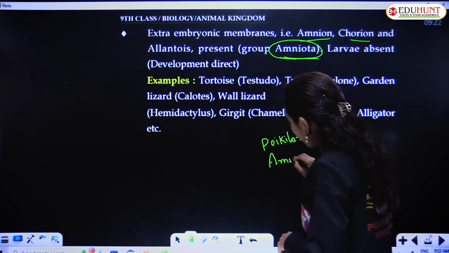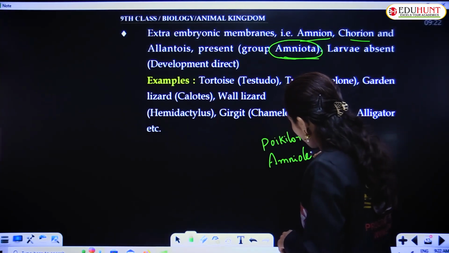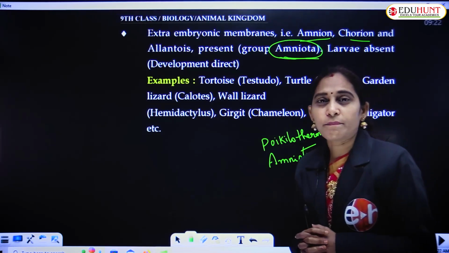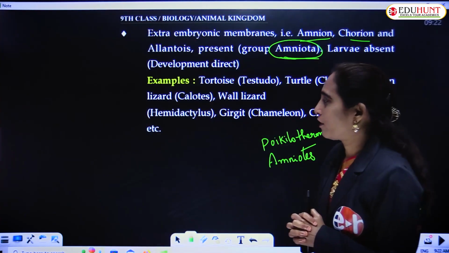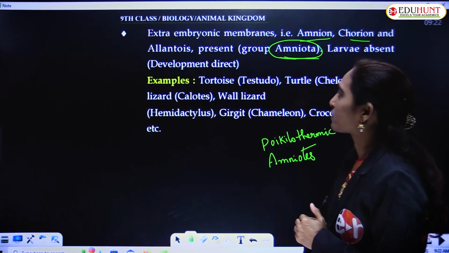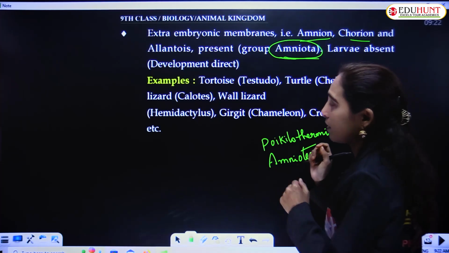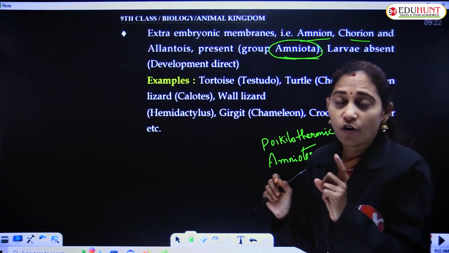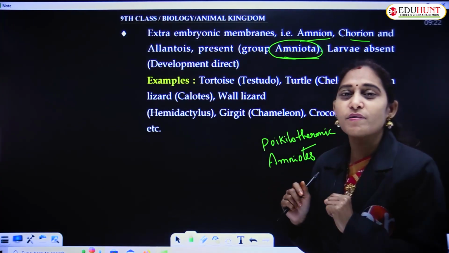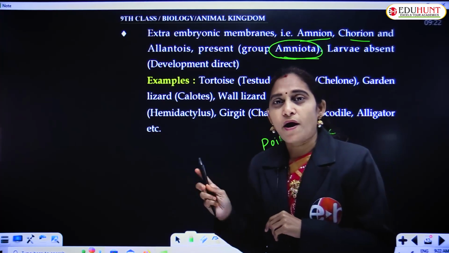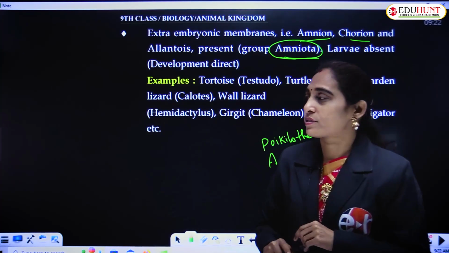Reptiles are poikilothermic amniotes, but frogs, that is amphibians, are poikilothermic anamniotes.